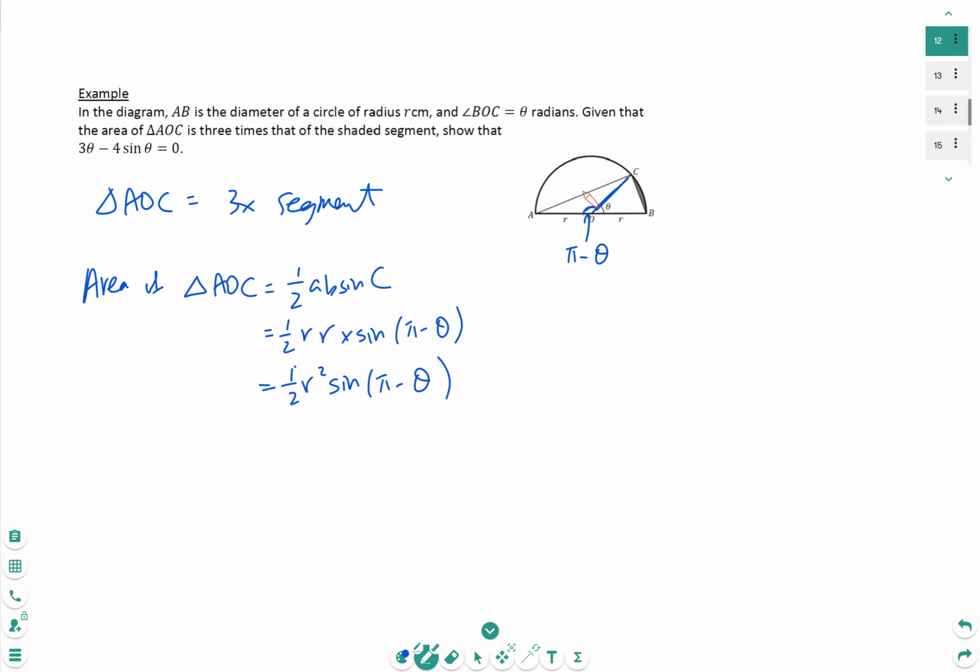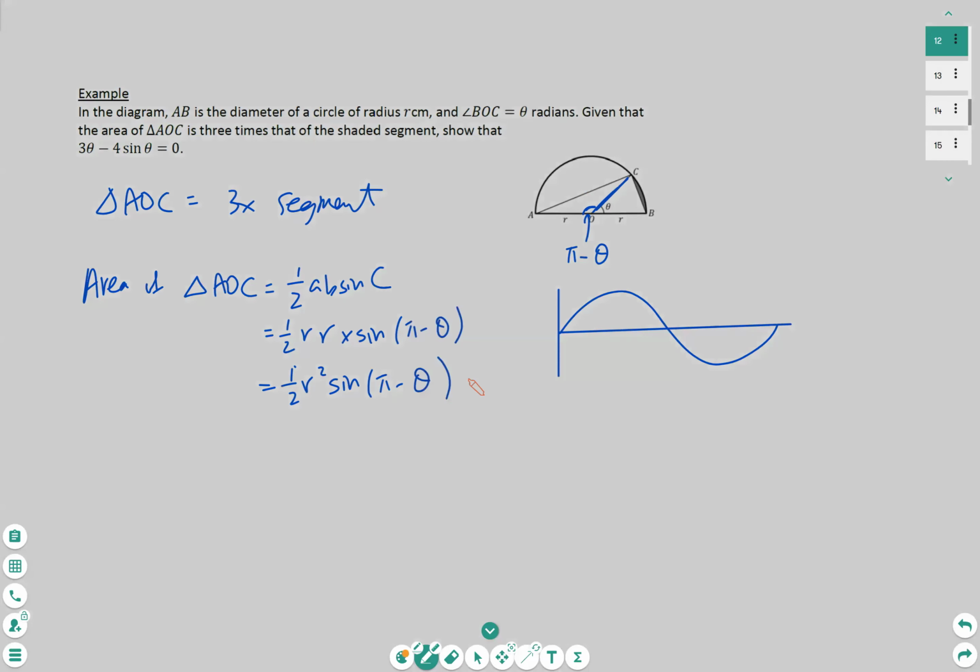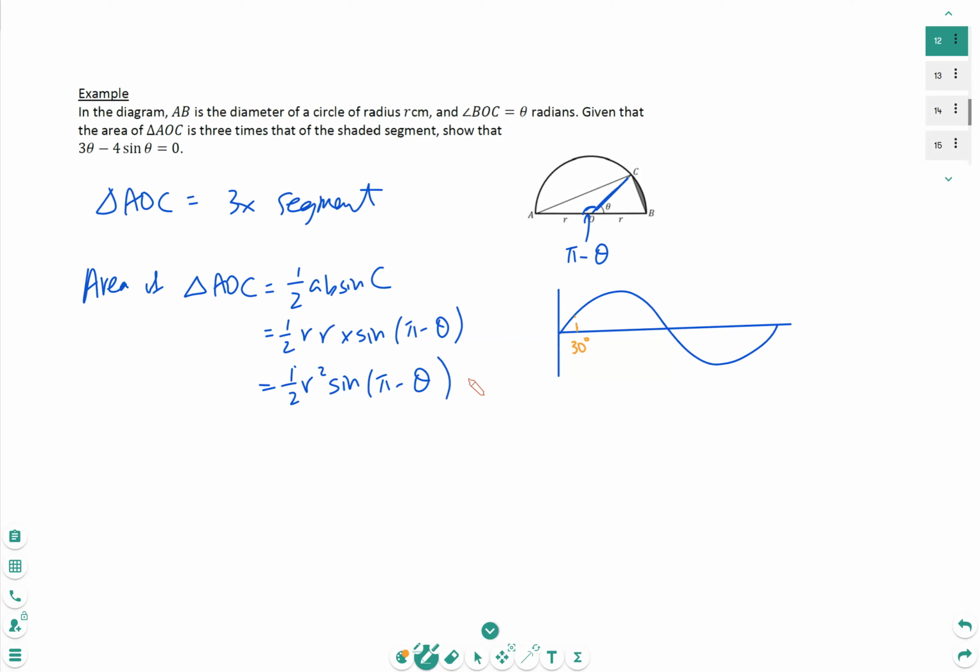Okay. Now what about sine pi minus theta? Now sine pi minus theta, that's slightly trickier, is actually sine theta. Now let's have a look. Here's the sine graph. Let's say we've got a 30 degree angle in here. The equivalent value on sine would be here. Using symmetry, it would be 150 degrees. So let's say theta is 30 degrees.